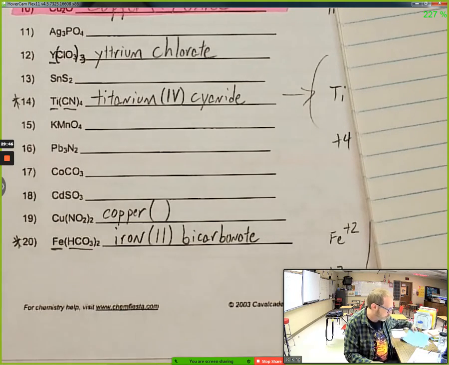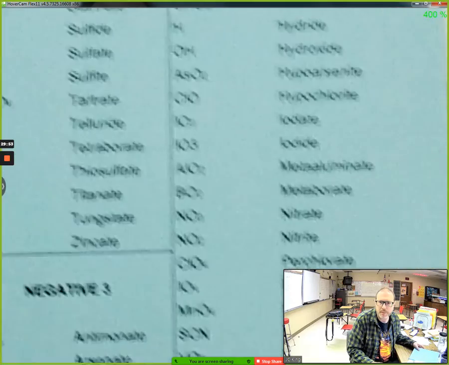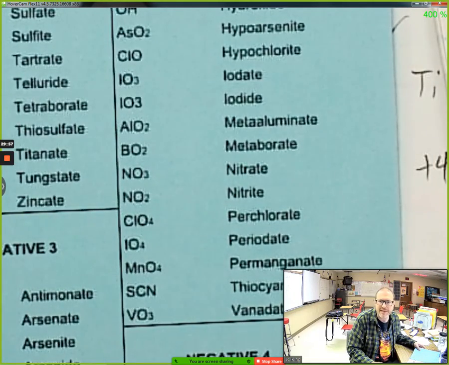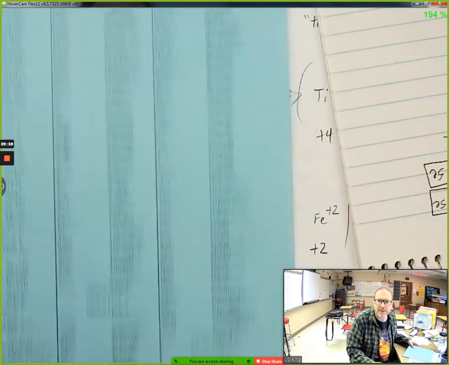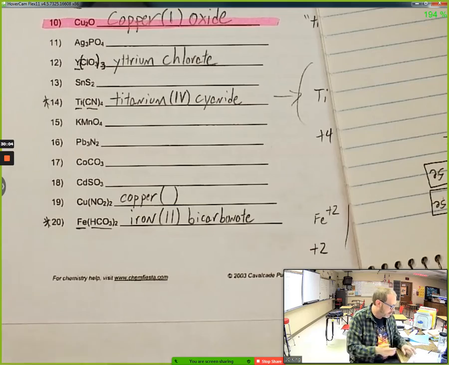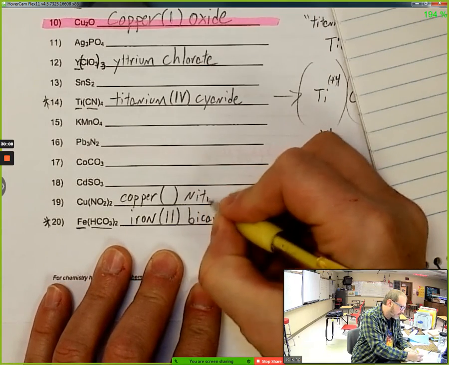Let's go find NO2. NO2, I think it's going to be nitro something. There it is. NO2 is nitrite, I-T-E, and it's in my -1 column. So for my name down here now, it's going to be copper something nitrite.